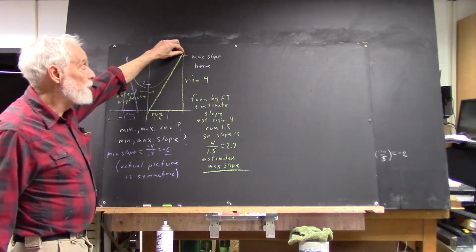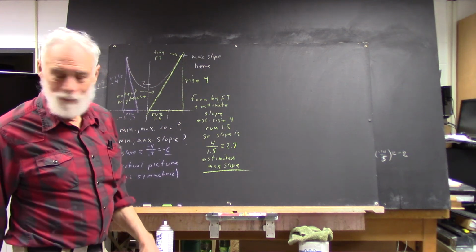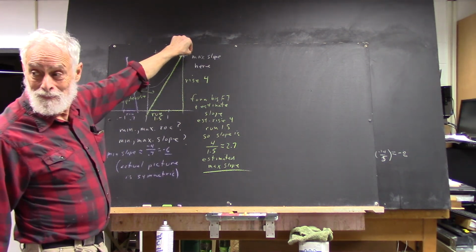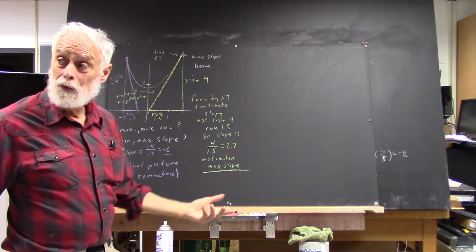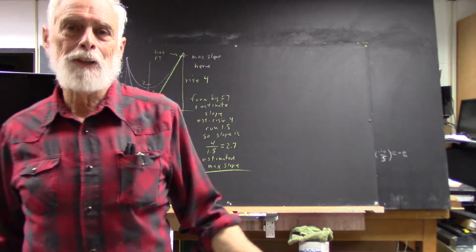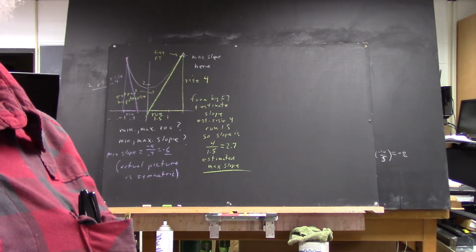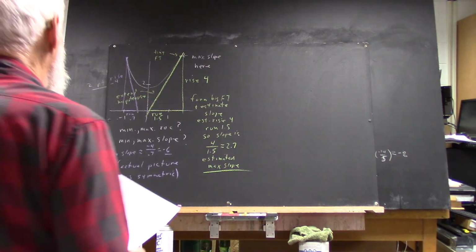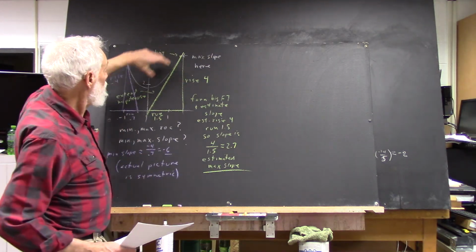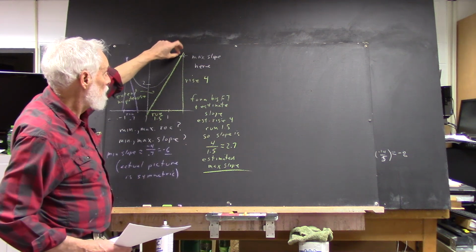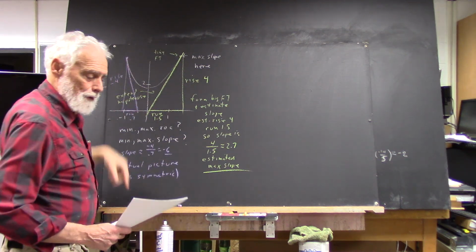I take the tiniest possible fundamental triangle, meaning I take a limit as the size of this triangle approaches 0, and I get the actual maximum slope. For an estimate, a tiny triangle is going to be just fine. So we don't want to use a triangle from here to here. That's not going to be the maximum slope, or from here to here. We use the tiniest triangle we can find, and then we go from there.